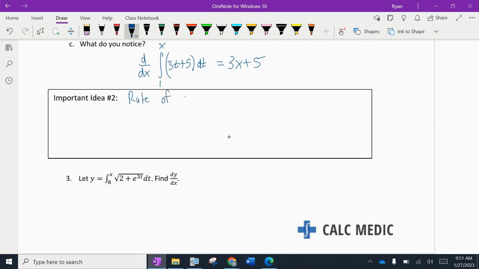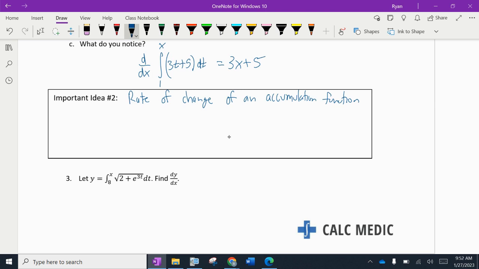We're going to say the rate of change. When I wrote down rate of change, what pops into your head? What synonym? Derivative. Yes, depending on the context, velocity is the derivative of position. But rate of change, IROC, instantaneous rate of change, the rate of change of an accumulation function. What do we call the accumulation function? Integral.